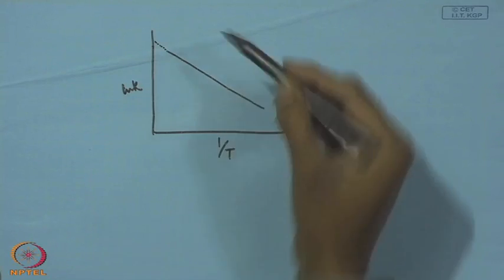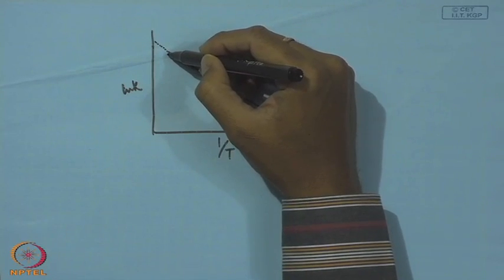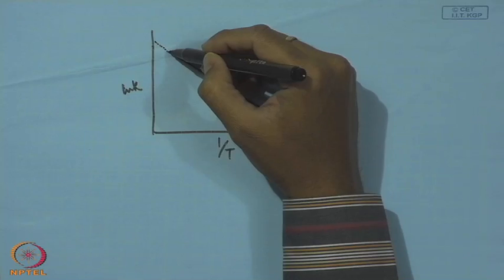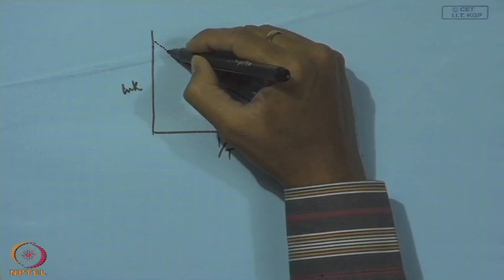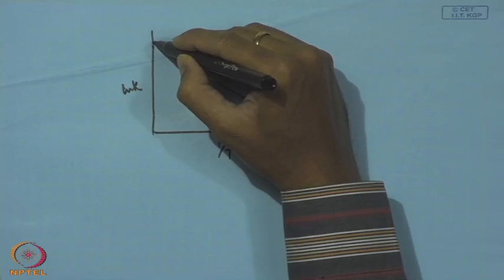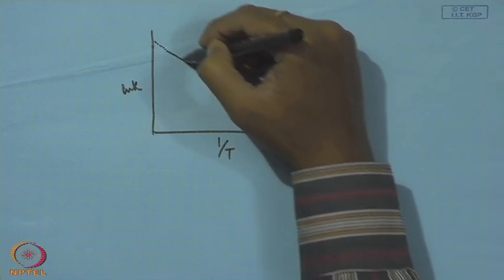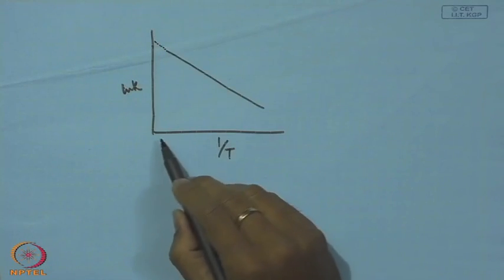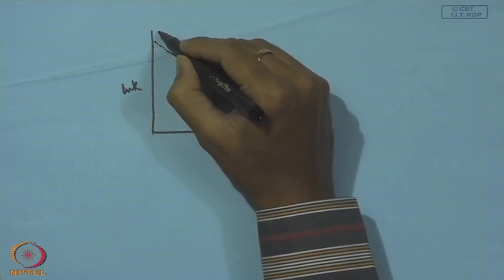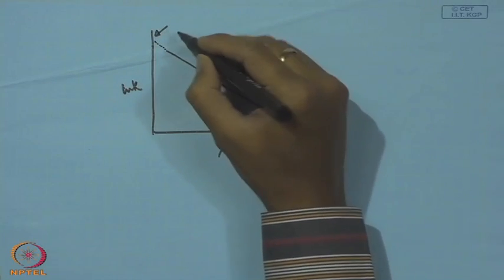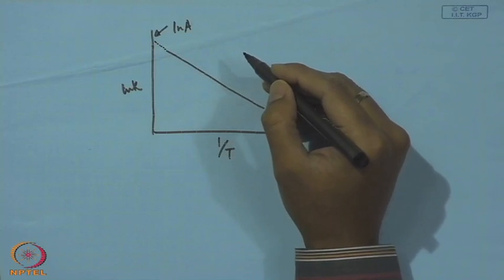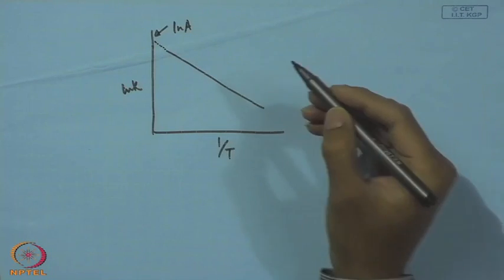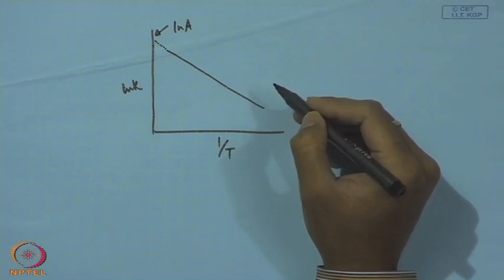So, maybe we can go up to a certain temperature, we cannot go to an infinitely high value. That is why your curve may be starting from somewhere over here, not exactly touching, but you can extrapolate it to 1 upon T equal to 0, and that will give you ln A. So, that is the logarithm of the frequency factor, also called the pre-exponential term.